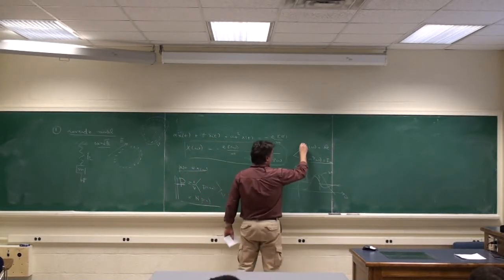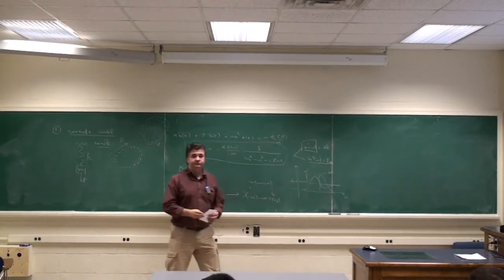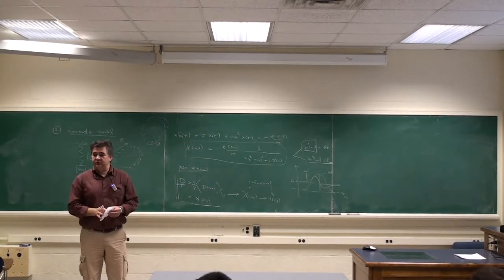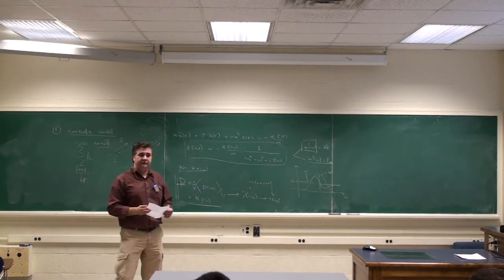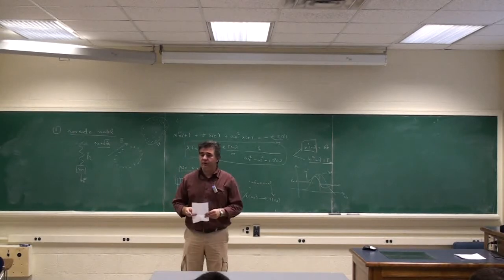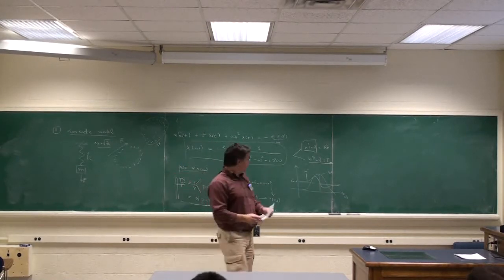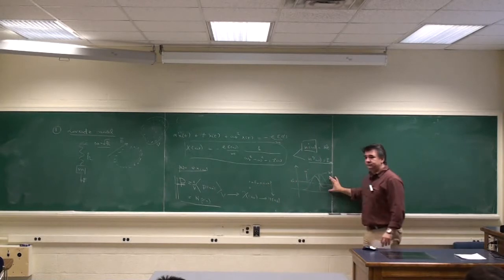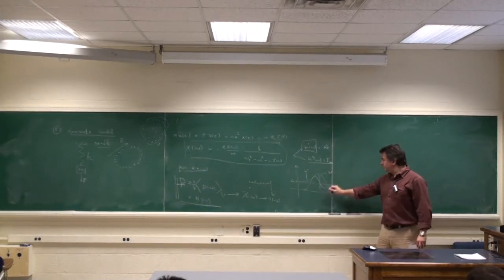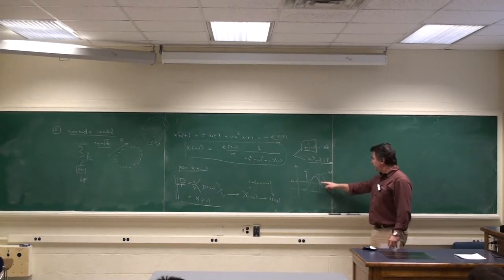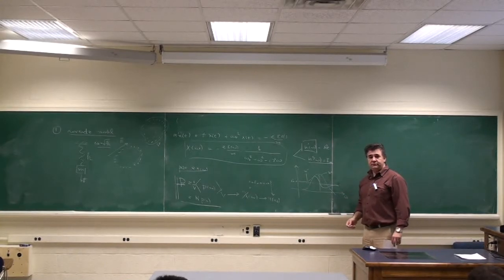What do we call n of omega? The variation of the refractive index with frequency or wavelength, we call that what? Dispersion. It's all in here. Okay? So this curve that is funny looking like that tells you everything there is to know about that material.